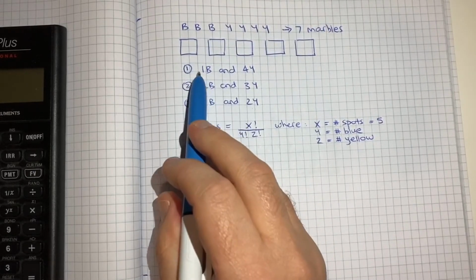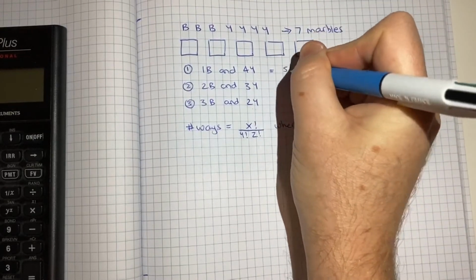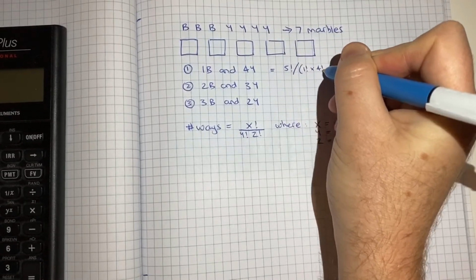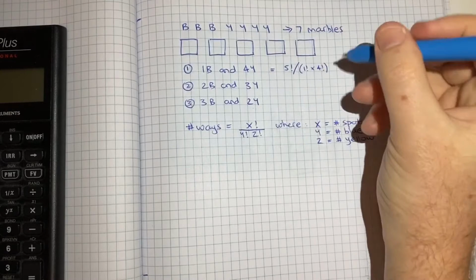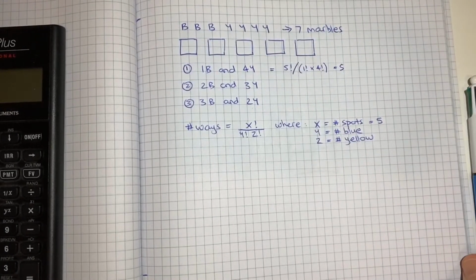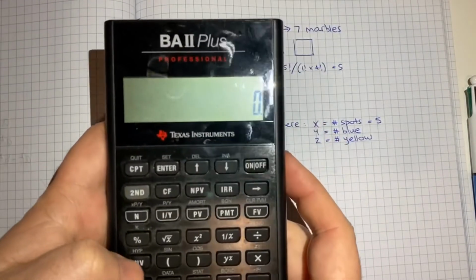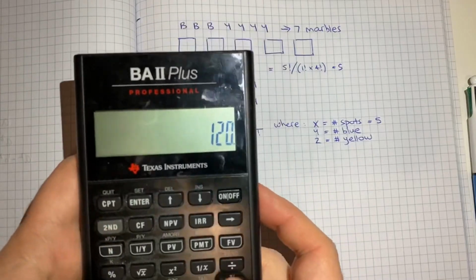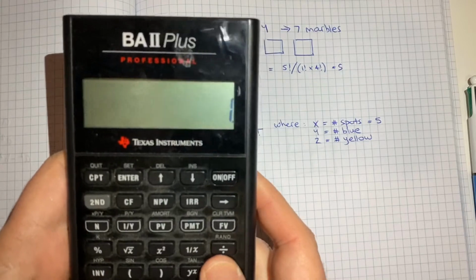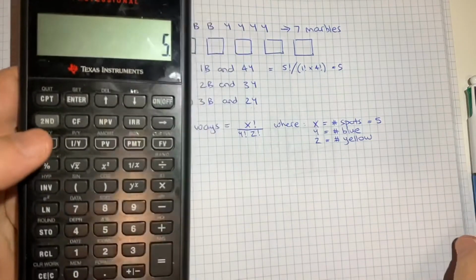So the number of ways for the first approach would be equal to 5 factorial divided by 1 factorial times 4 factorial. And hopefully you can work out that that is just equal to 5, but just as a double check, let's put it into our calculator. So we're going to get 5 factorial divided by bracket 1 factorial times 4 factorial bracket equals 5.